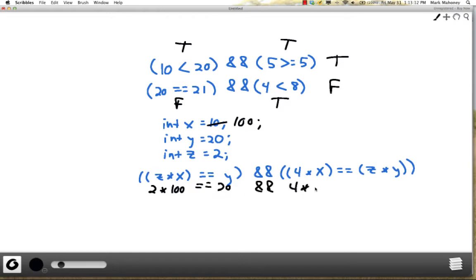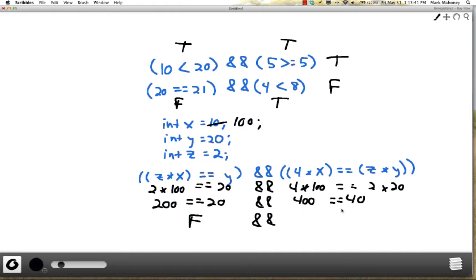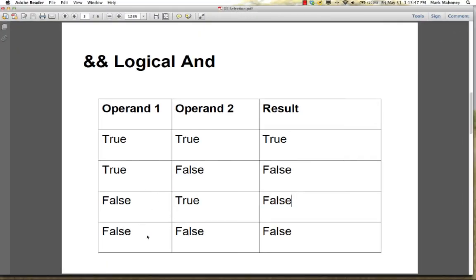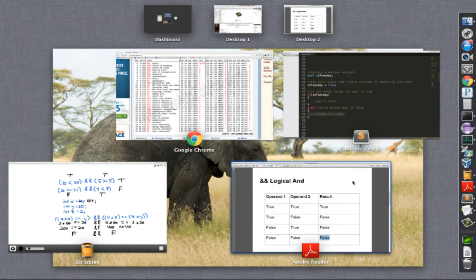And 4 times 100, is that equal to 2 times 20? 2 times 100 is 200. Is that equal to 20? That's false. And 4 times 100 is 400. Is that equal to 40? That's also false. We can either go to our memories or look up in this chart. False and false, the result there is false.